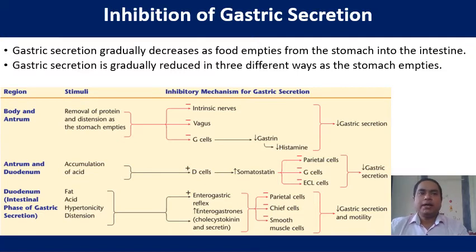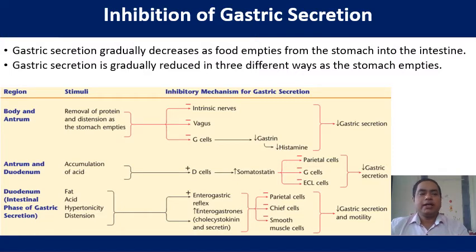So the presence of food in the intestine as well as emptying of the stomach poses an inhibitory effect by three different ways for the inhibition of gastric secretion.